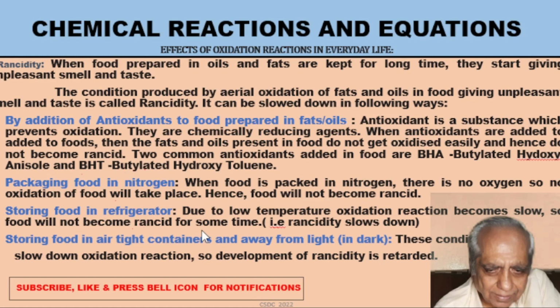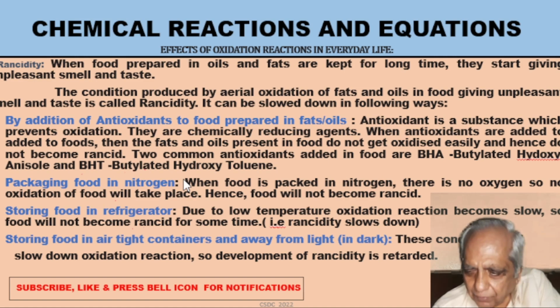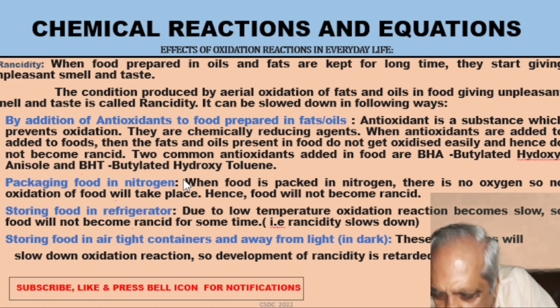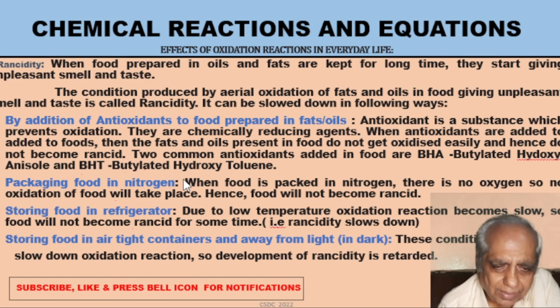It is not getting energy, so the reaction becomes a bit slower. So these are the common methods that we use to prevent rancidity. Is it okay? I hope. Now this is a fully theoretical chapter, so you have to learn the various points and practice writing the equations.